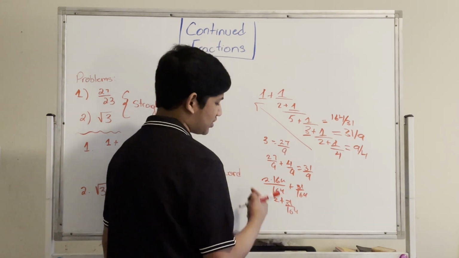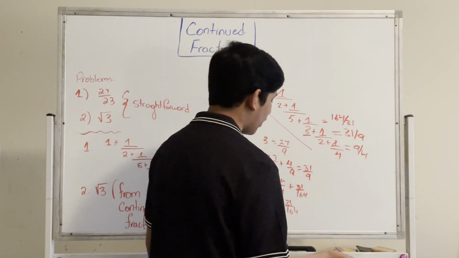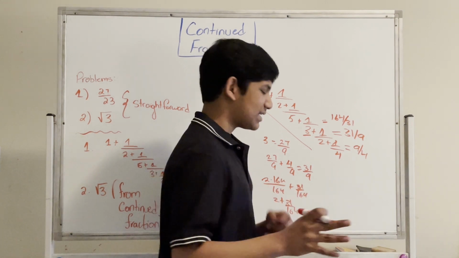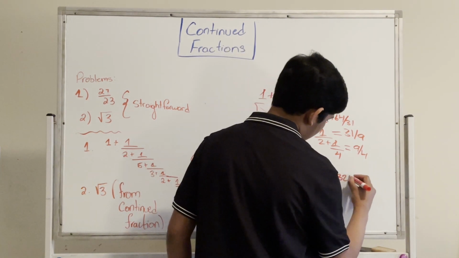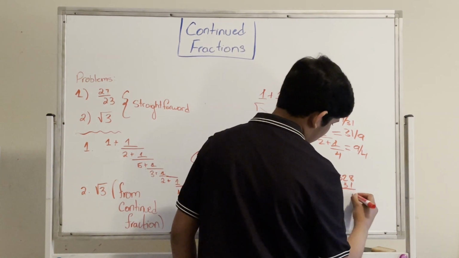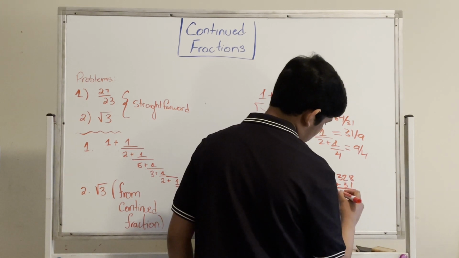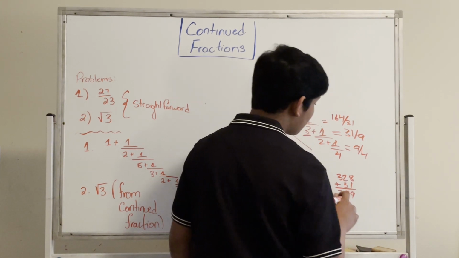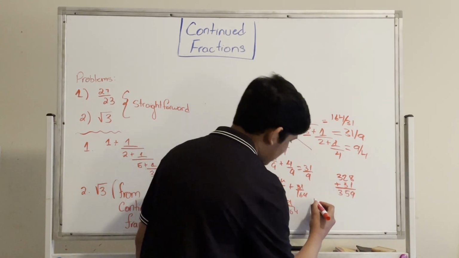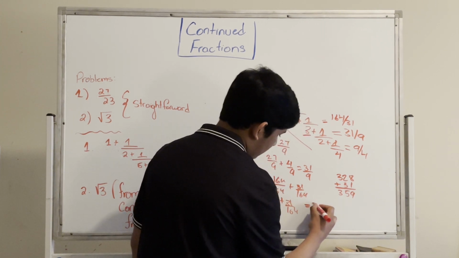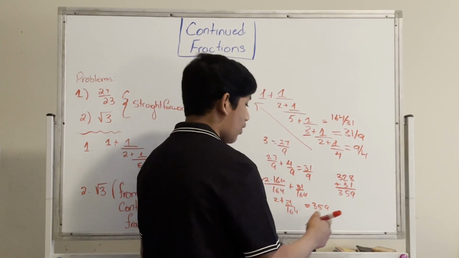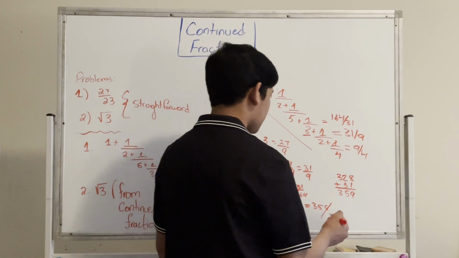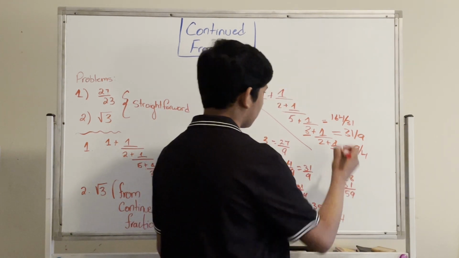And this is what we want to achieve. 2 times 164 is just going to be 328. 328 plus 31 is going to be 359. So we're going to get 359 over 164.